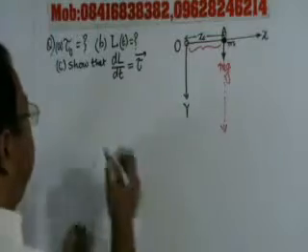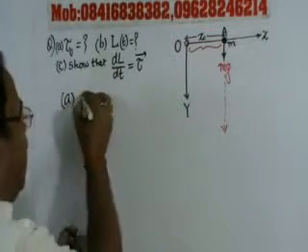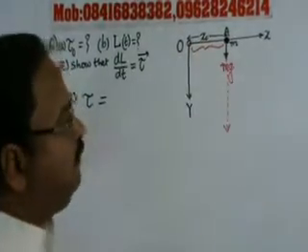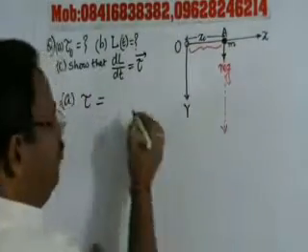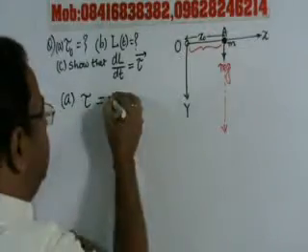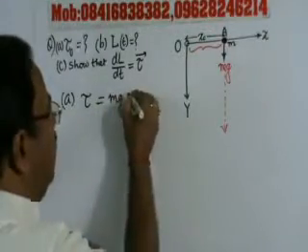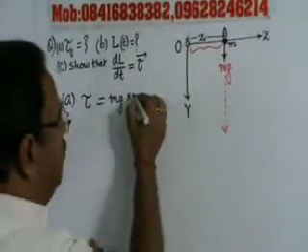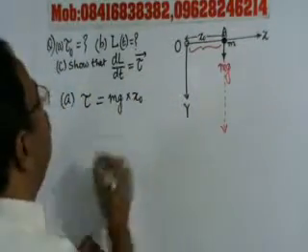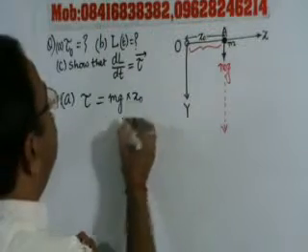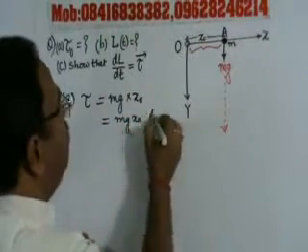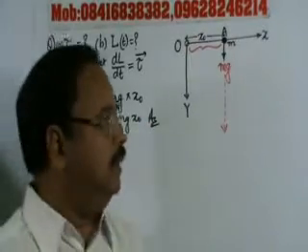For part A, tau is equal to r cross F, that is, force into perpendicular distance. The force is mg, and the perpendicular distance is all the time x naught. So tau will be mg x naught. This will be the answer to part A.